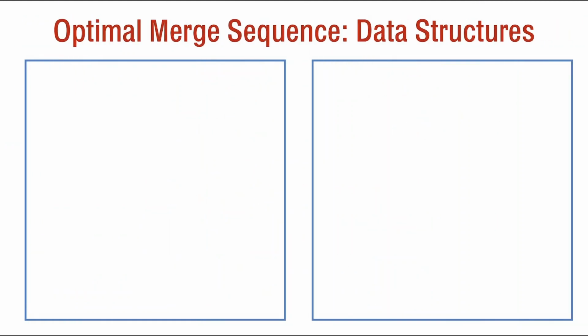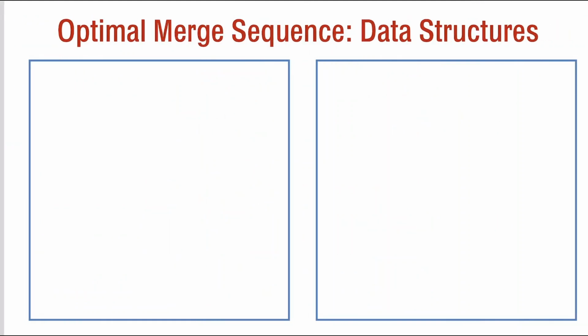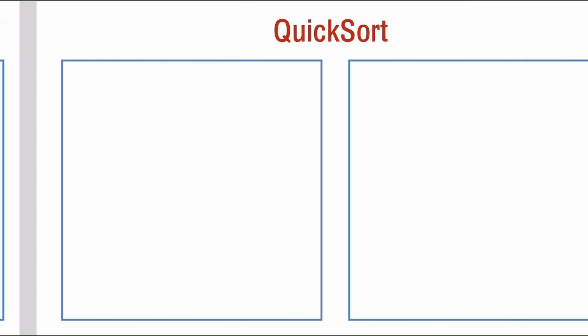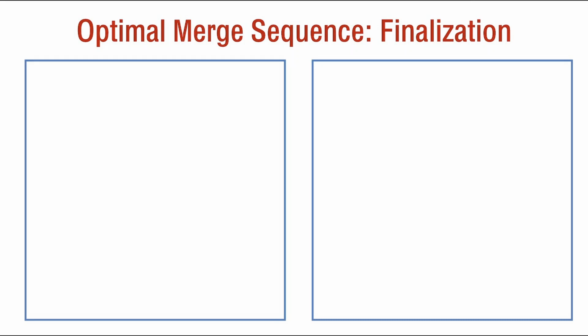Now we come to the data structure. We have discussed these data structures here, so we don't need to go ahead. We have said that we will use a balanced binary search tree as a data structure. So now we have these finalizations for optimal merge sequence. We have two options. One is the greedy algorithm, and the second is our balanced BST based algorithm.